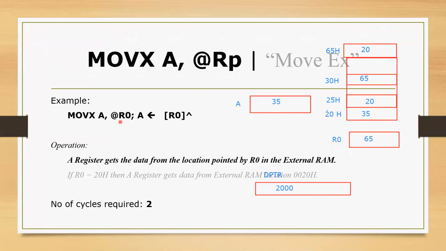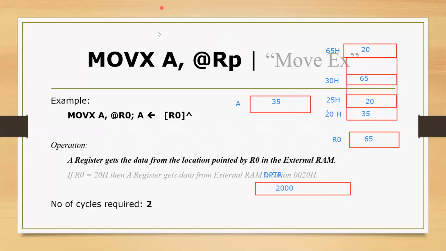So here the indirect address is pointed to by register R0. The content of R0 is 65 hex, so this 65 hex location will be in the external RAM. Here we use only external RAM, not internal RAM.